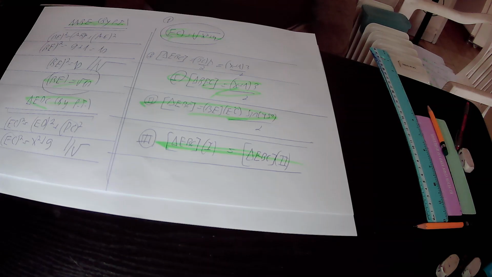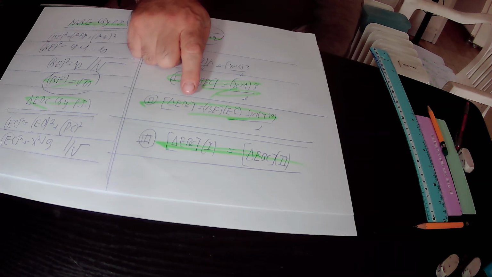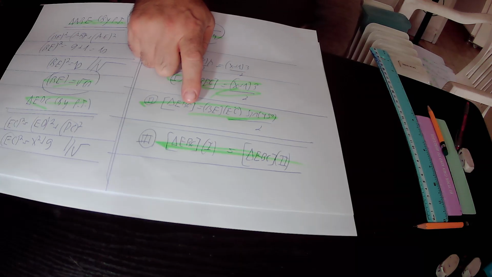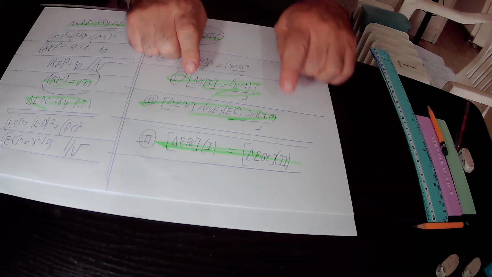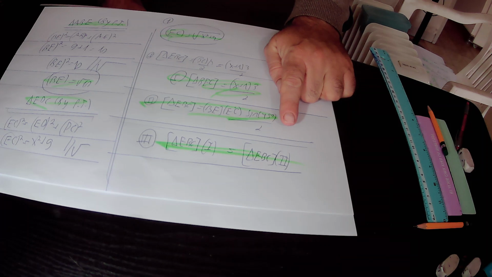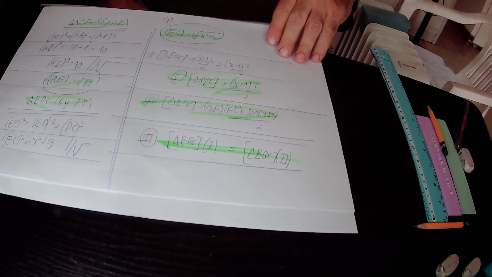The next step, we created equation 3 that said that the area of triangle ABC according to the first method of calculation must be equal to the area of triangle ABC according to the second method of calculation.